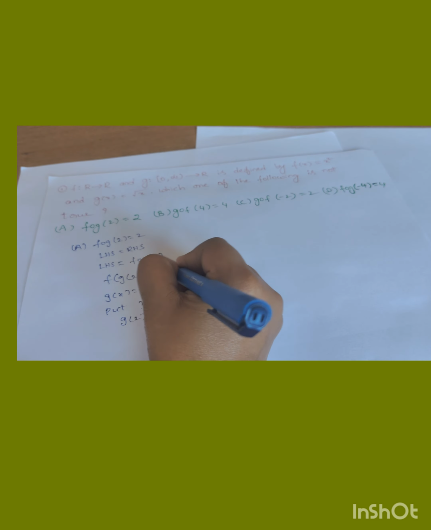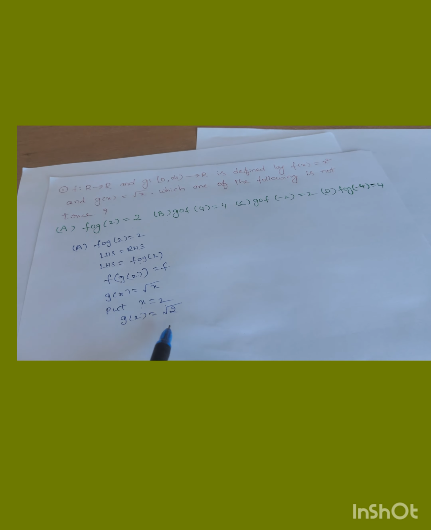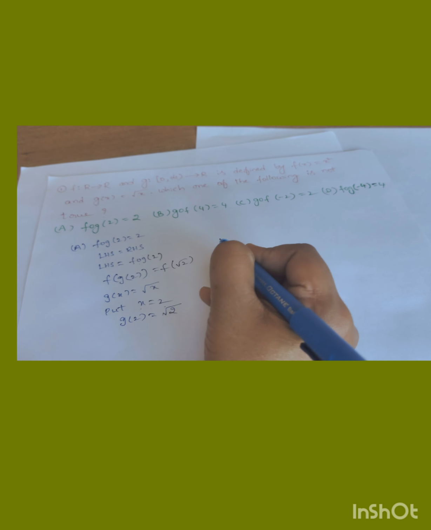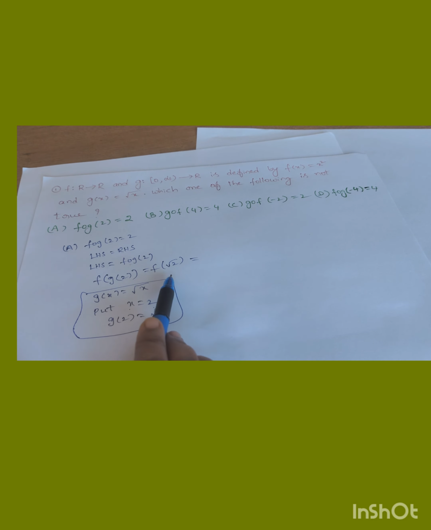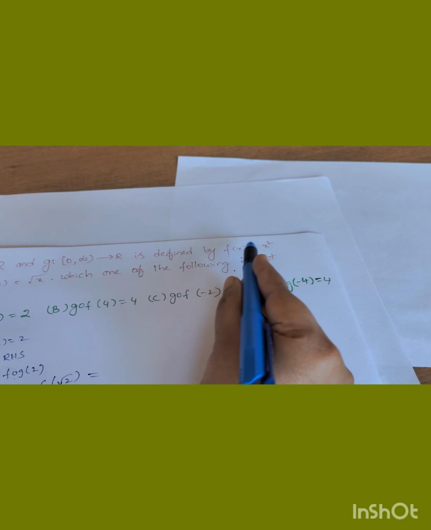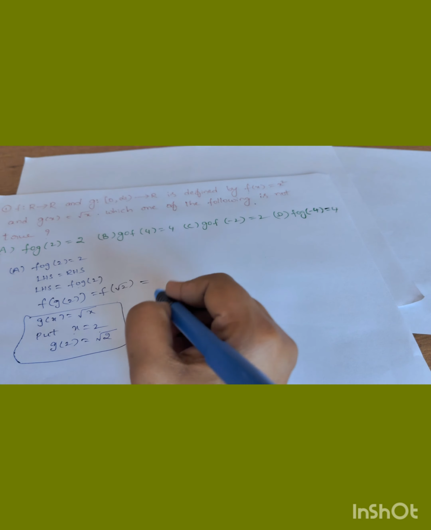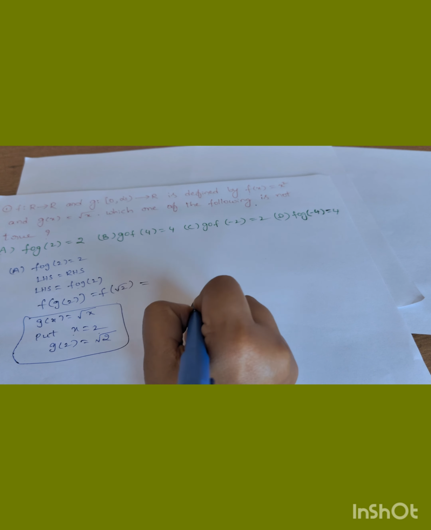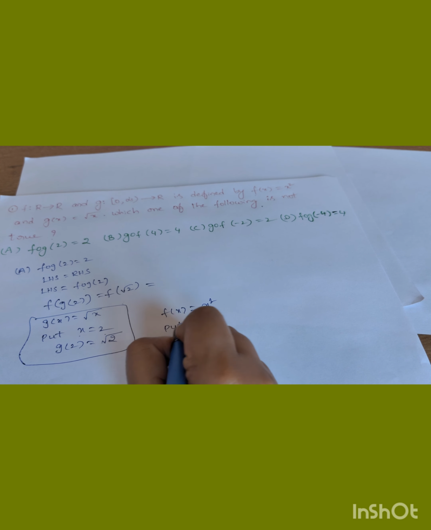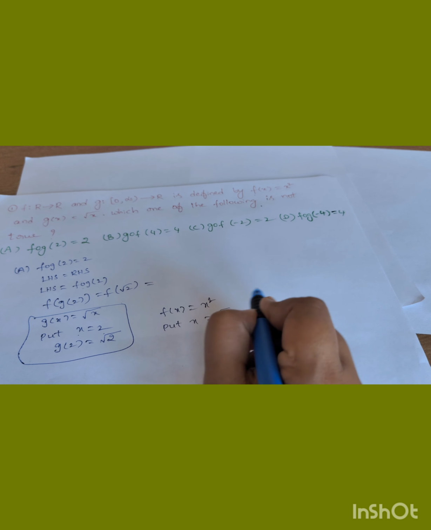Now substitute this g of 2 value in the expression. So f of g of 2, we got root 2, is f of root 2. Now we need to find this f of root 2 value. The given f of x is x square. Put x is equal to root 2.